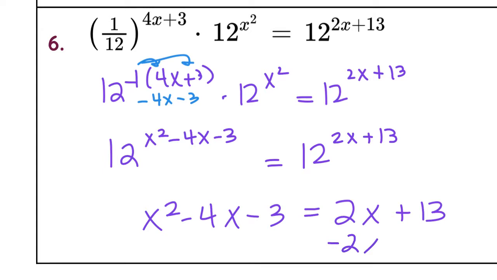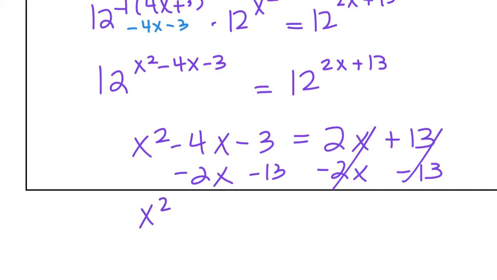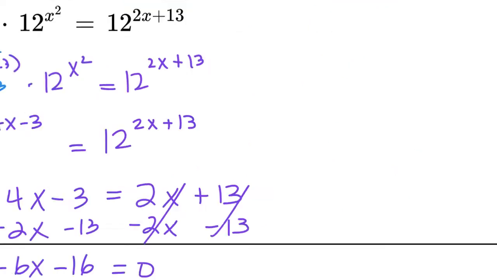So minus 2x, and then just line it up with the like term, minus 13. So everything's going to cancel on the right, but on the left we'll have x squared minus 6x minus 16 is equal to 0. So I'm going to rewrite that equation over to the side because I'm running out of space.